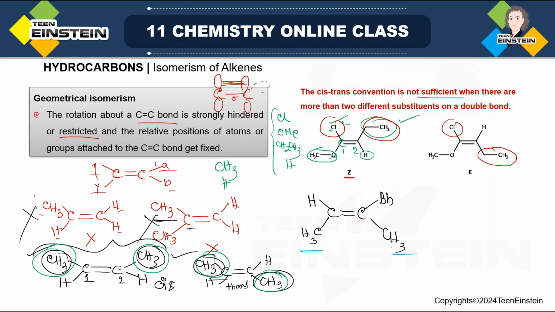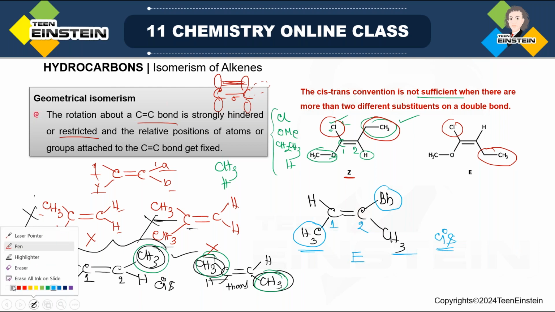So you will be tempted to call it Z. Sorry, you will be calling it cis. But if you individually see carbon number 1 first, this is the higher priority group. Now separately see carbon number 2. The higher priority group is this one. So now it is basically E. So if you simply consider it cis, it is actually not correct. So it is E here.